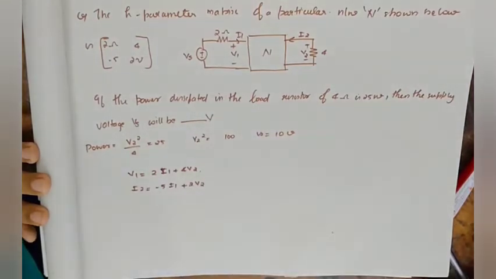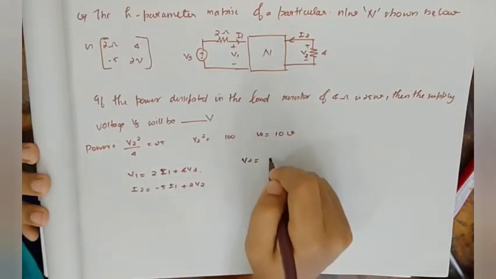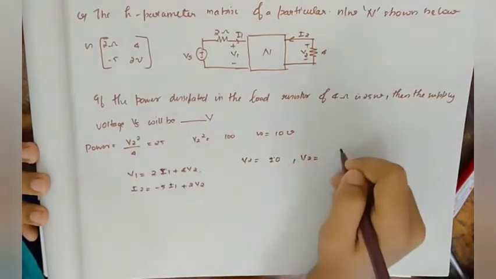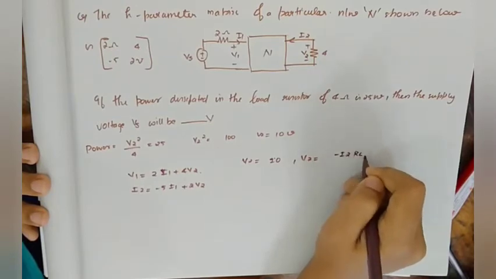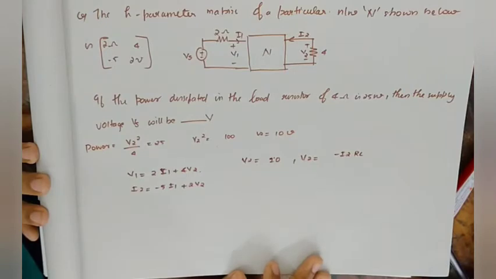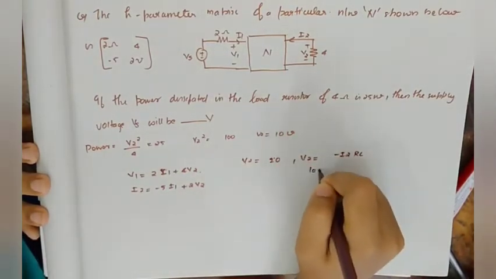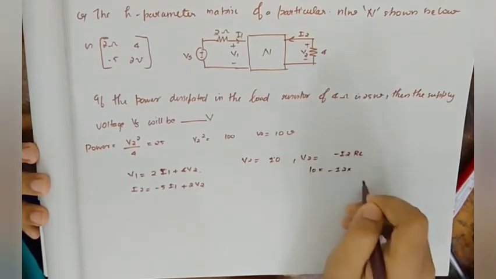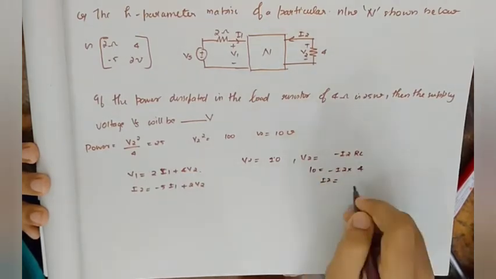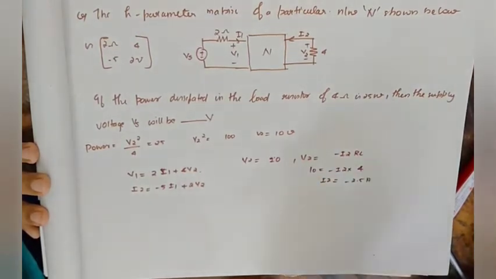Now we have V2 is equal to 10, and V2 is actually equal to minus I2 into RL. So actually it is negative because I2 is in the opposite direction, okay. So 10 is equal to minus I2 into 4, instead of RL it is 4. So I2 is equal to minus 2.5 ampere.